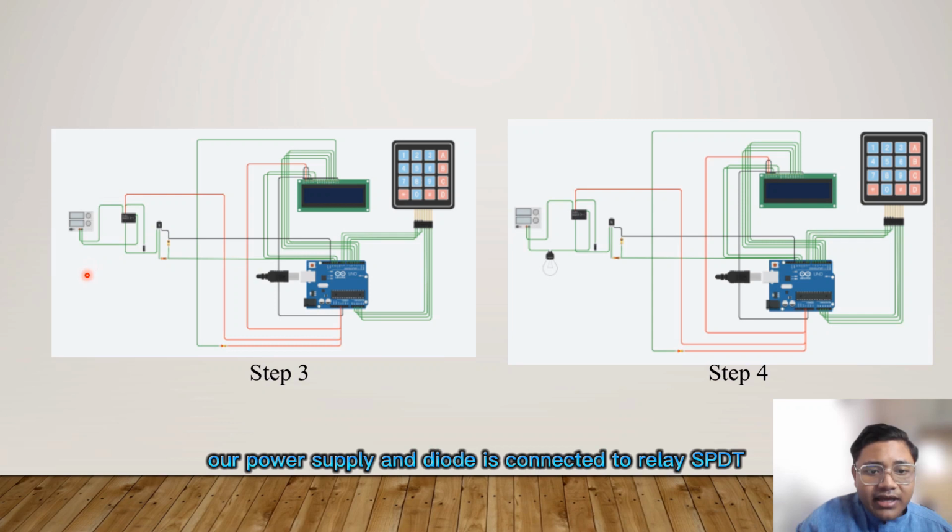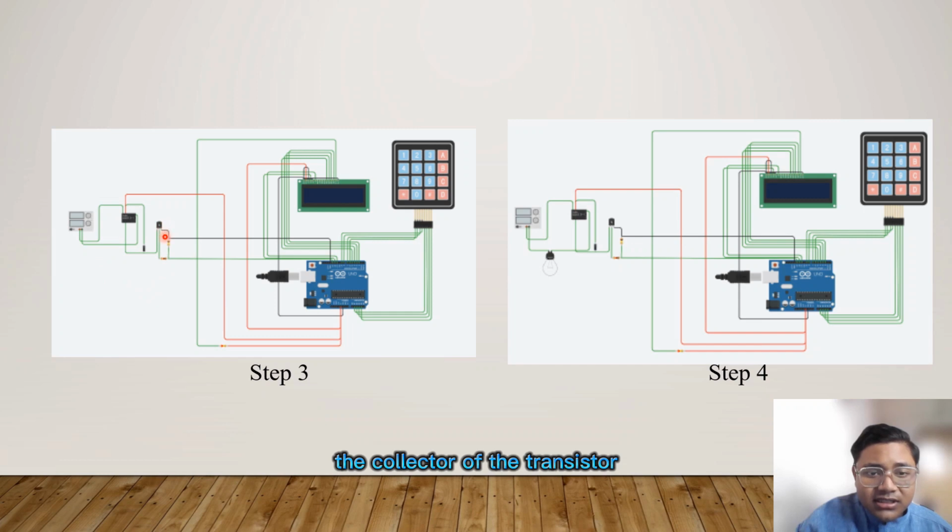Power supply and diode is connected to the relay SPDT. The collector of the transistor is connected to diode, and the base and emitter is connected to the Arduino. Last but not least, the two resistors are connected between the transistor and Arduino.